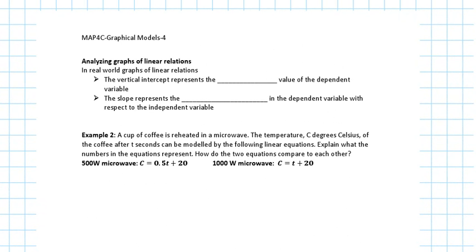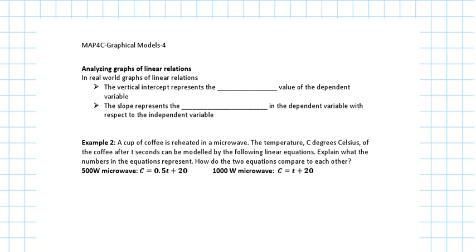In real-world graphs of linear relations, the vertical intercept represents the initial value of the dependent variable. So when I say the vertical intercept, which one is vertical, x or y?